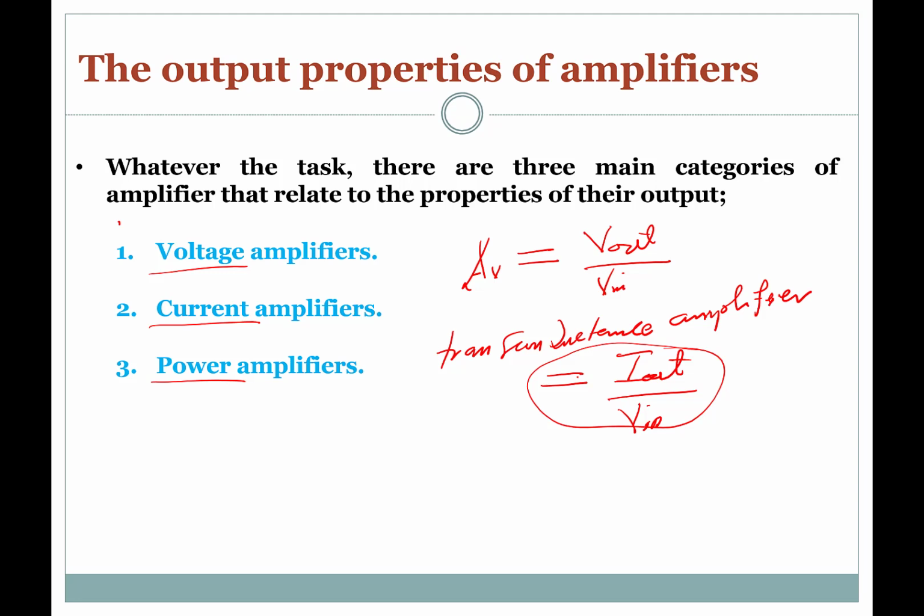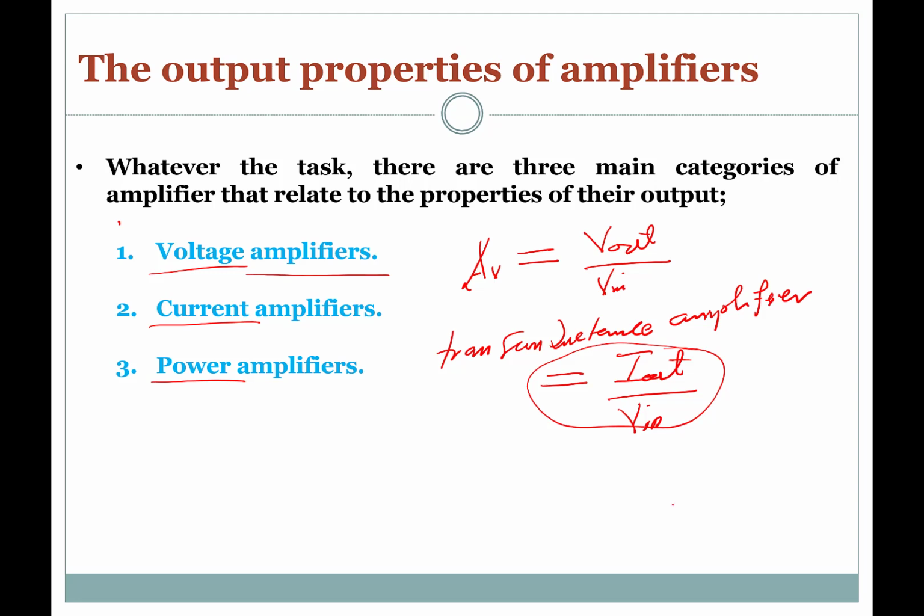Similarly, for a transresistance amplifier, the gain has a unit of what? Resistance. So with regards to output properties being the basis for classification, it could be current, voltage, or power being the output, and we can classify amplifiers based on the output they produce.